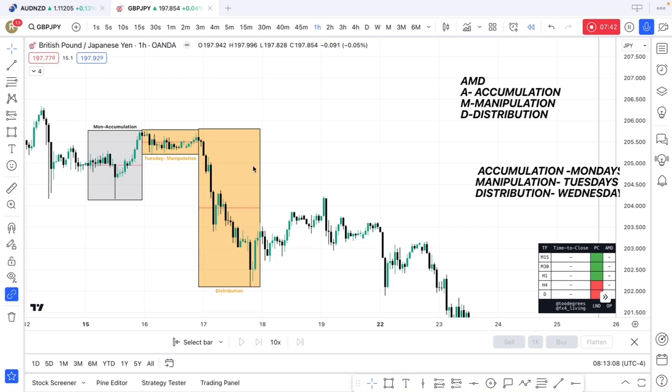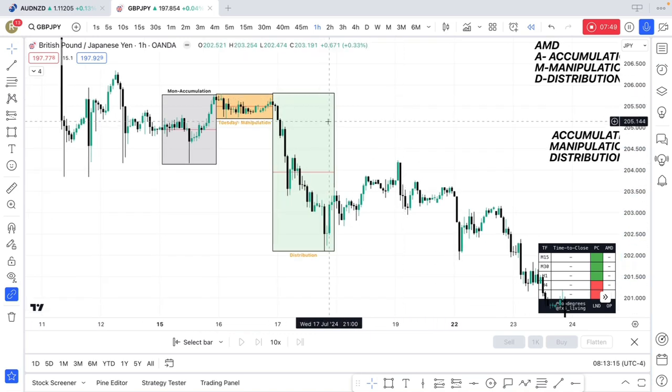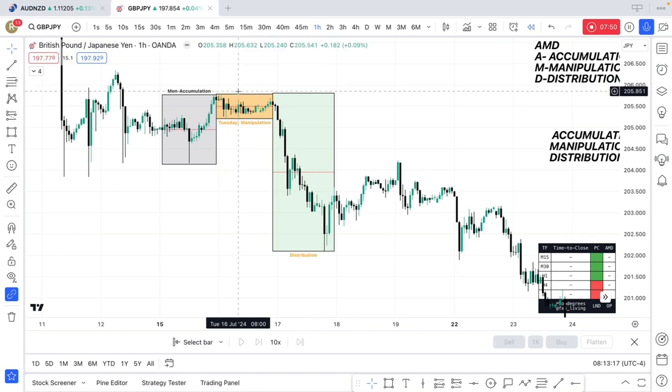This is what we call the distribution. When we go into the 8-hour candle, we are going to look at what happens. There are three candles.